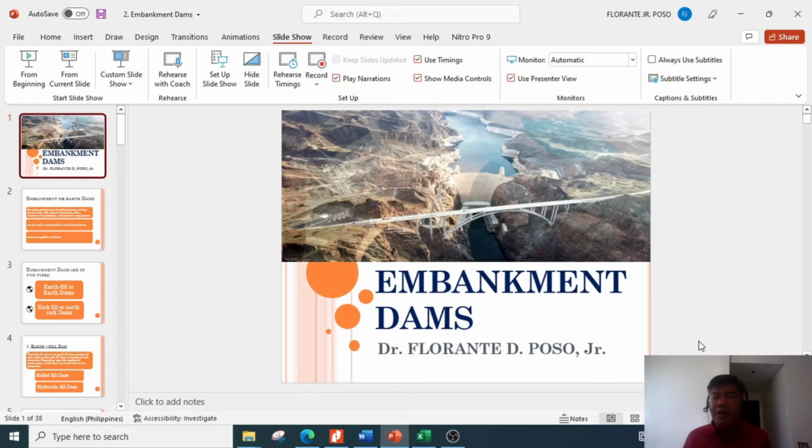I also hope you had grasped the design criteria and the guide in terms of coming up with the preliminary design of the embankment dam or the earth dam, for example, if it is part of your task that you're going to design a dam.